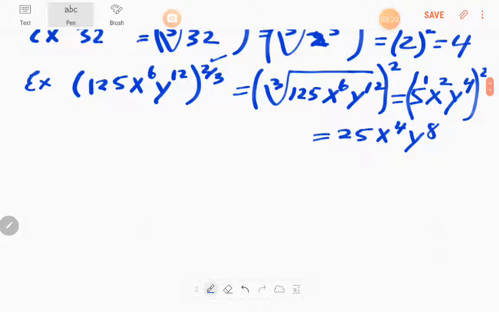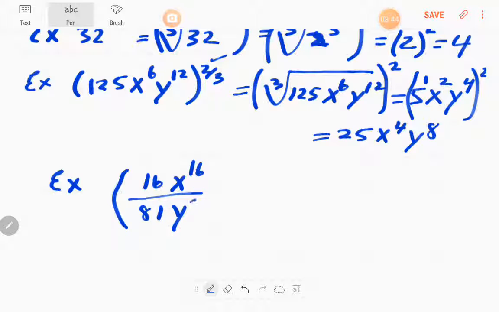Okay, let's do another example. Suppose we have something like this with a fraction involved. So we can have 16 x to the 16th power over 81 y to the 24th power.